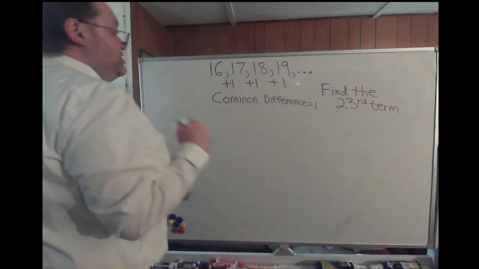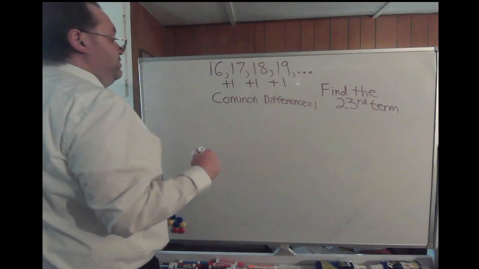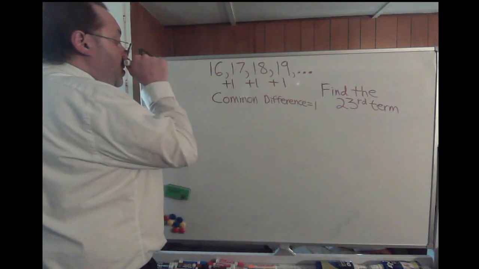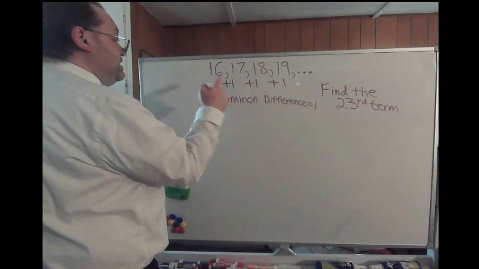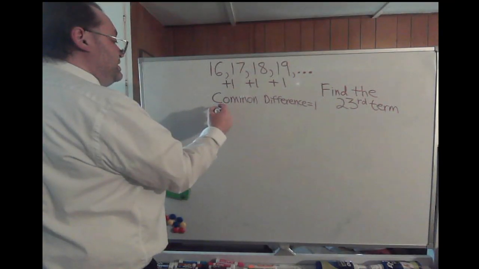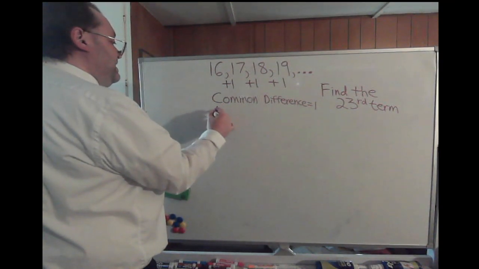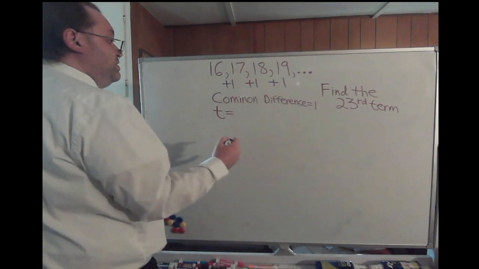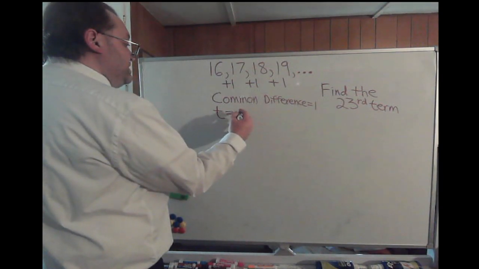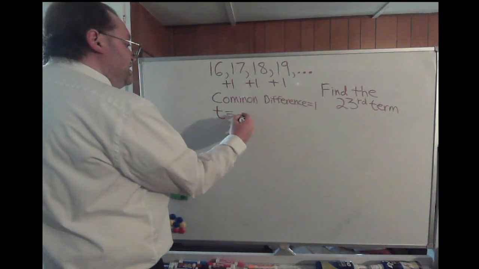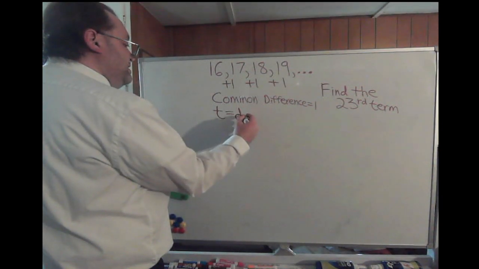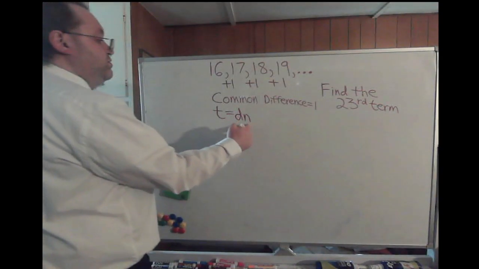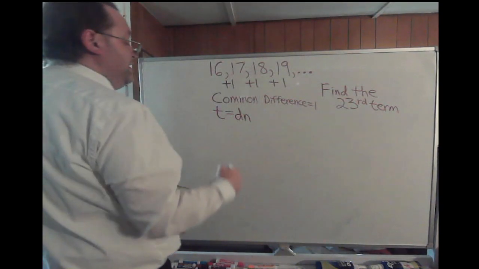What you'll want to do now is figure out what the term is. So you'll say t for the term itself is equal to the common difference, which I'll just call d, times n, which would be the number of the term you're on.